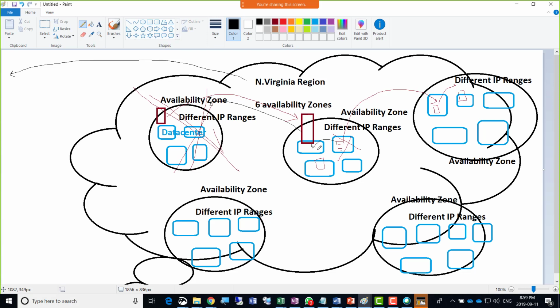Suppose it's 0.07 cents per hour for across the data center within one availability zone. If you want cross zone replication, it could be 0.12 cents per hour. If you want cross region, it could be 0.58 cents per hour, right? It could be like that. So yes, it costs a little more to have more features like high availability and fault tolerance.